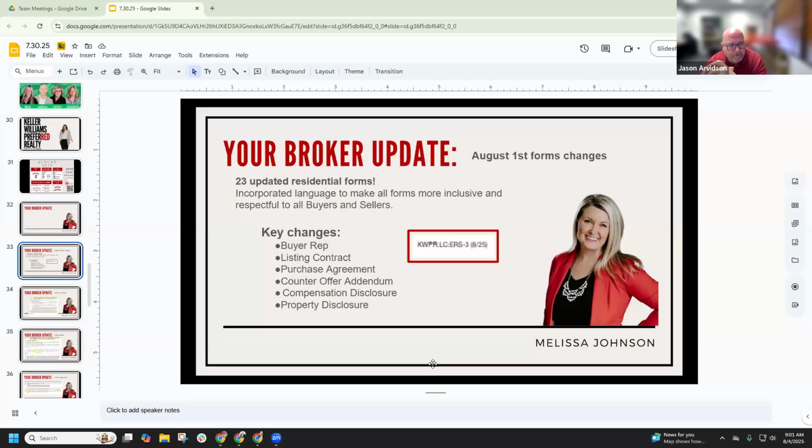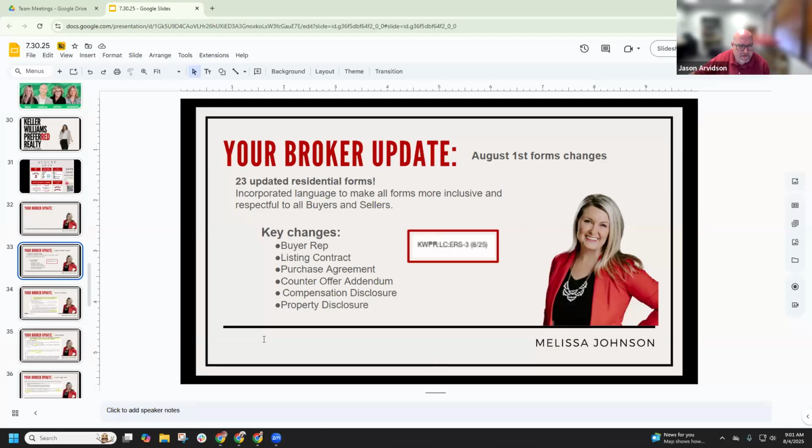The realtor associations throughout the state come together, working together to try and figure out how to make the forms compliant with any law changes that happen over the course of the year. So on August 1st, that process is finalized, and then the new forms are expected to be used.